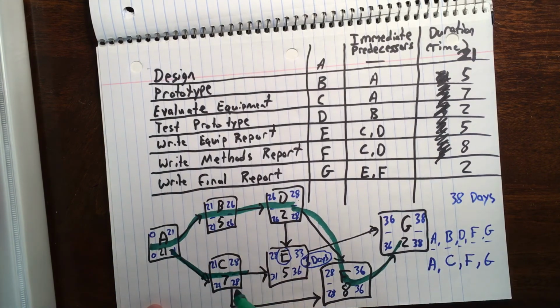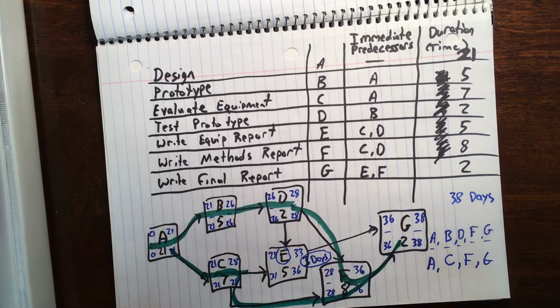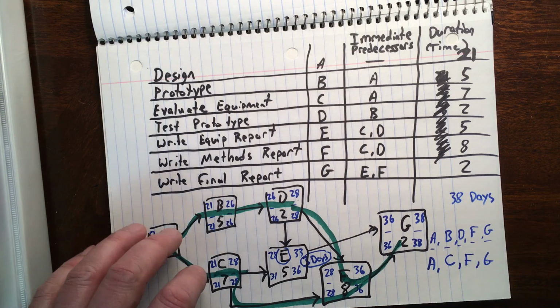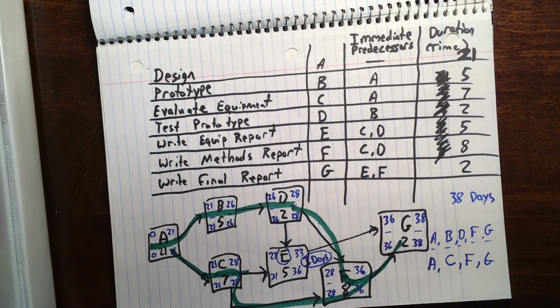That would be my second critical path. If I were to delay any activity in here due to resources, the only one that I could delay would be activity E without causing some permanent delay to the entire project. Let's put that on hold there for a minute.